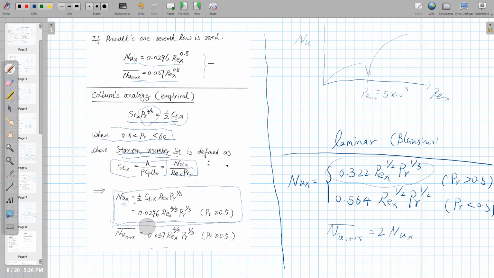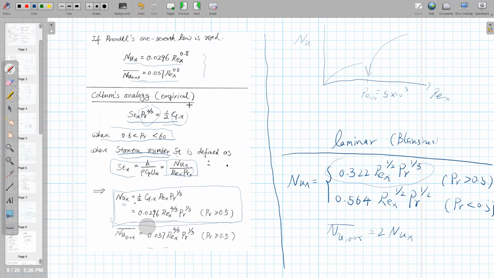Analytical results also have a range to apply. Maybe this only works for the turbulent field, and that only works for the laminar field. But generally speaking, even if you use an analytical result for flow conditions a little bit outside of its applicable range, the results will definitely have error, but that error will not be too big.